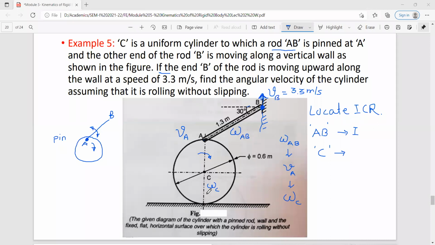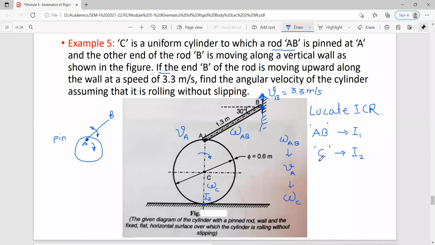I will call it I2. I can denote this point of contact as I2. So the ICR for the cylinder is I2, and the ICR for rod AB, I will denote it as I1.